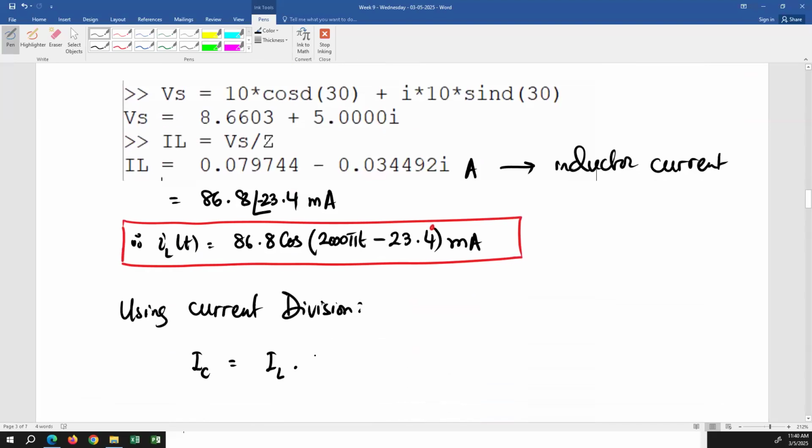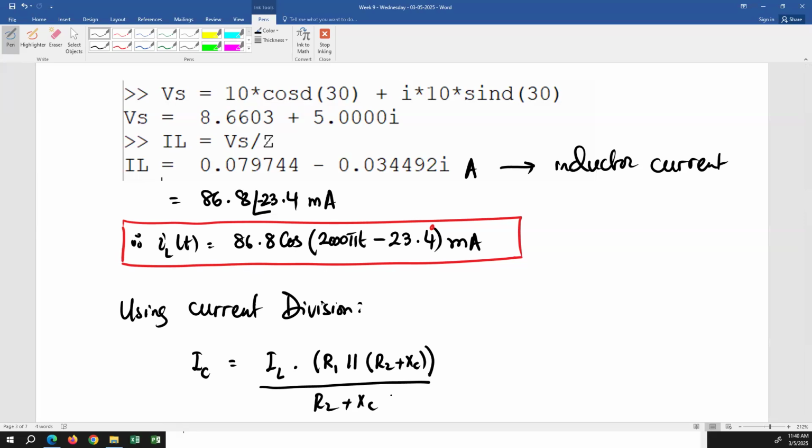And I'm going to write down Z equivalent in terms of the equivalent of R1 in parallel with R2 plus XC, divided by the impedance through which the current is going, which is R2 plus XC. Remember, in current division, you are using parallel. In voltage division, you're using equivalent series.